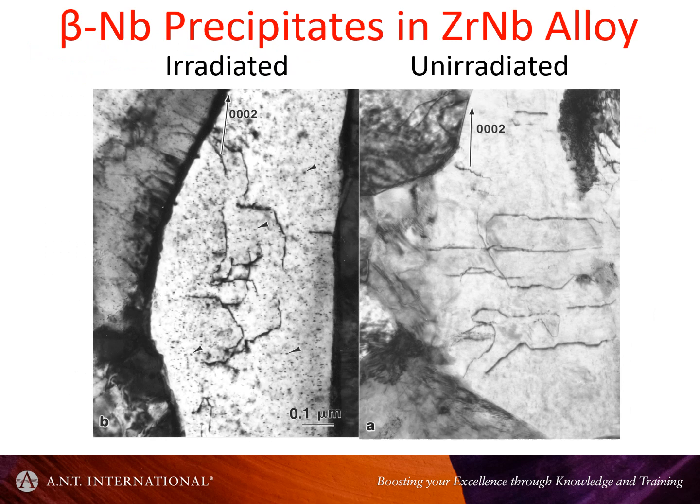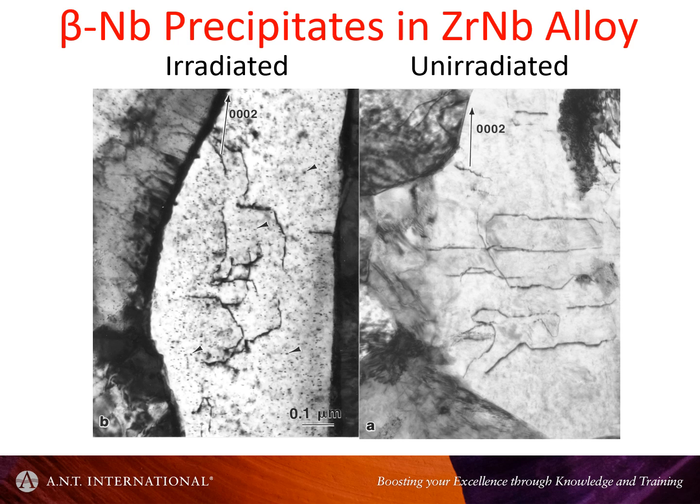So finally, I'm not sure I'm finally, yeah, I guess I am finally. For completeness, one of the things that's peculiar about zirconium is the formation of precipitates, these little black dot contrast, arrow contrast here. When you irradiate zirconium, you create these little niobium precipitates in the alpha phase, because the alpha phase is slightly oversaturated in niobium.